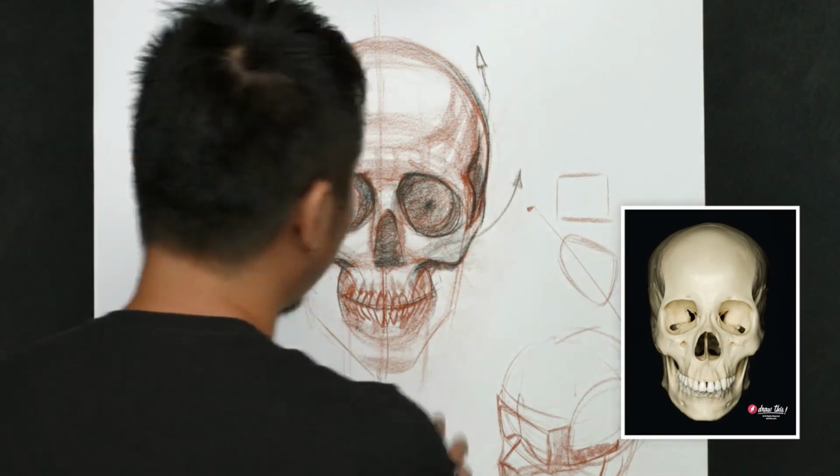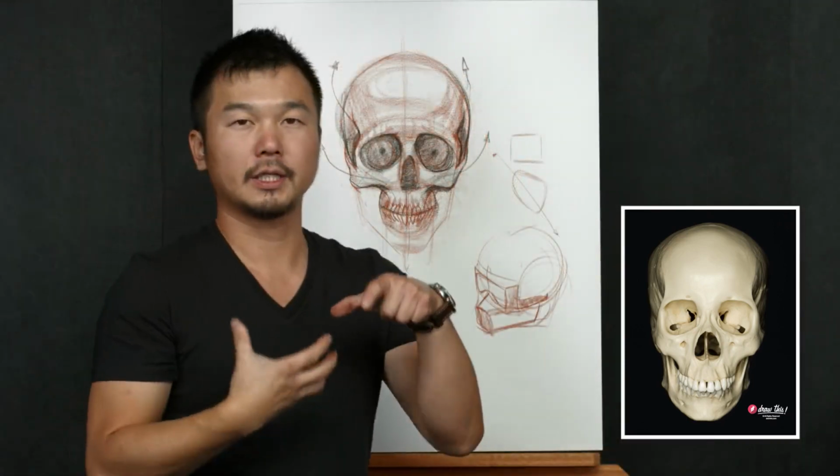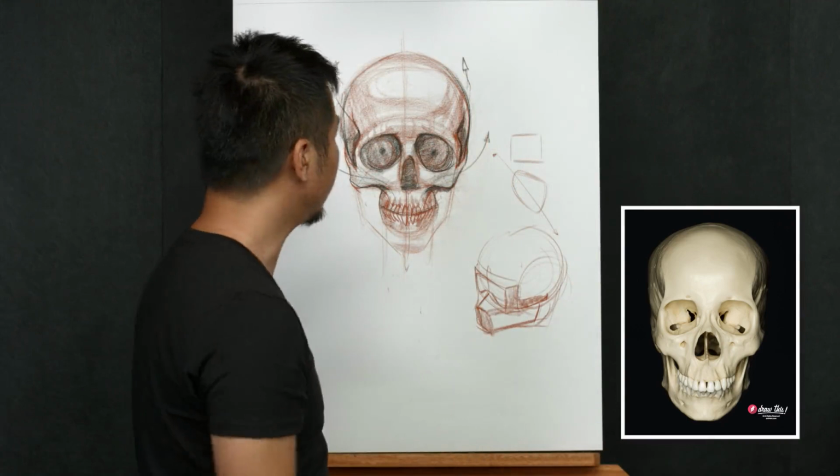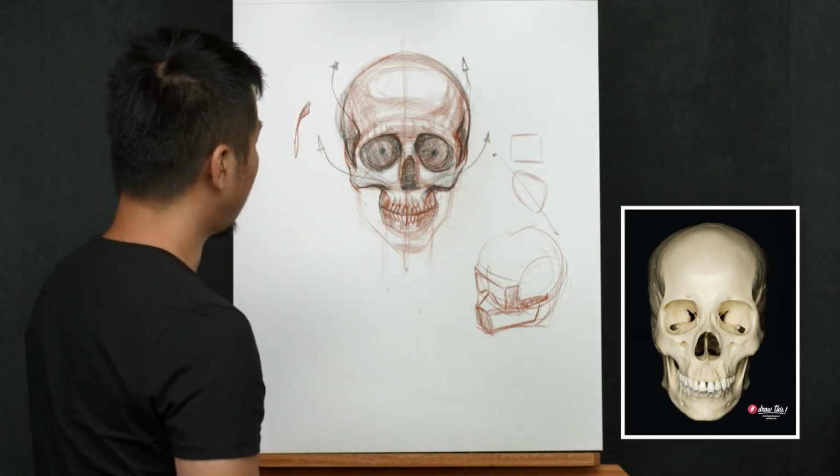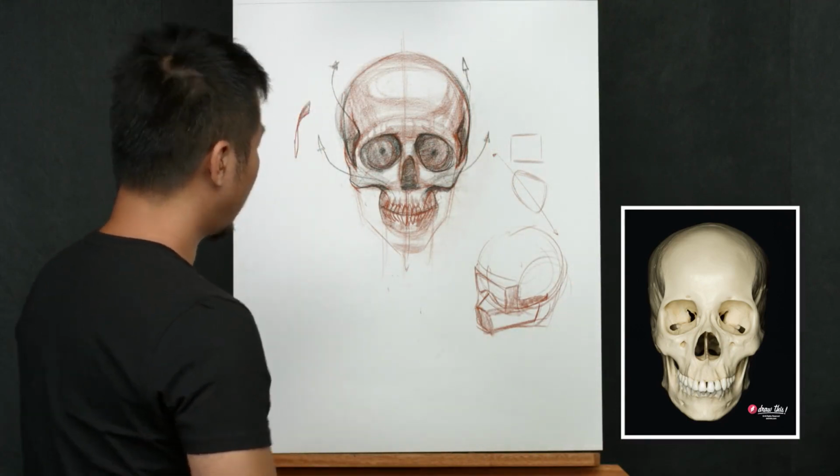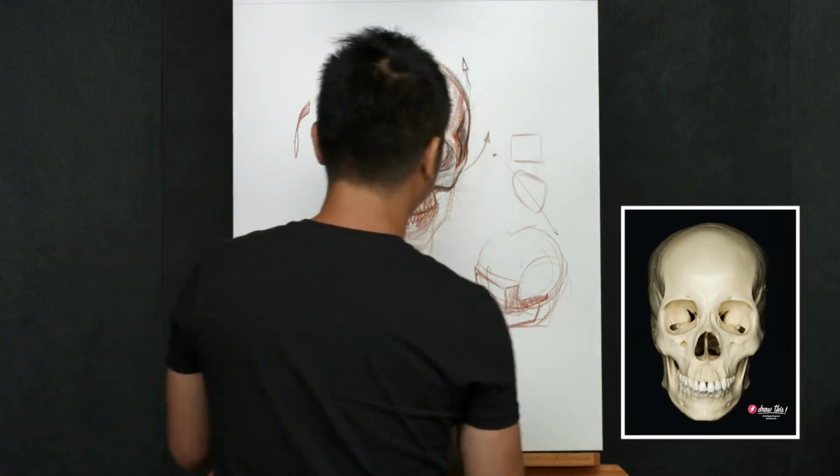The jaw you can think of as a separate unit that connects up to the cranium on top, and obviously it's narrower.